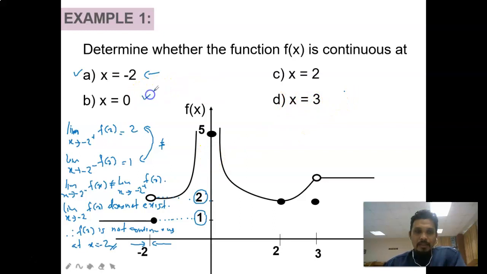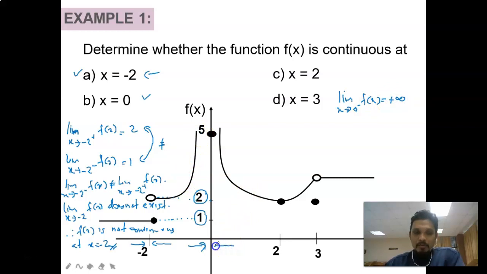Now the second one, x equal to 0. The limit as x approaches 0 from the left of the function f(x), look at this one here now, when x approaches 0 from the left, the graph is moving up, which we call positive infinity.